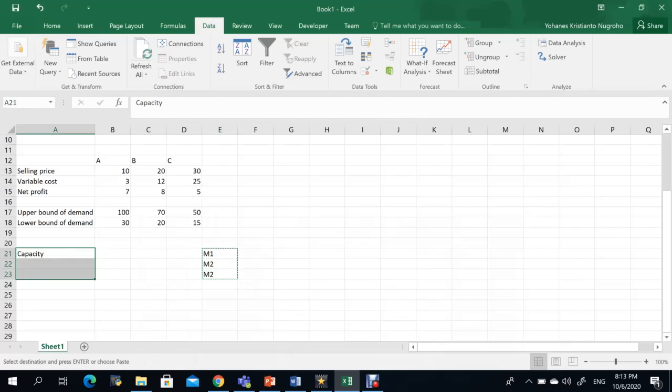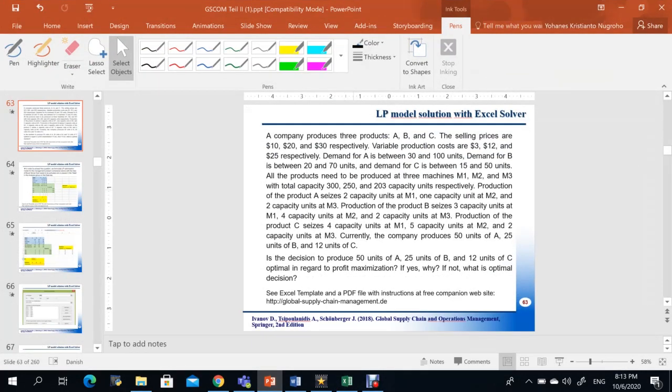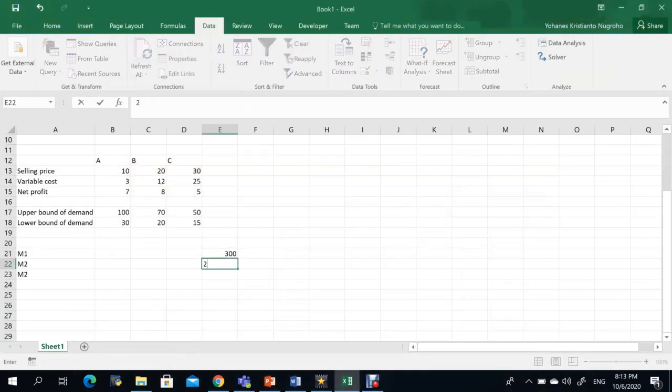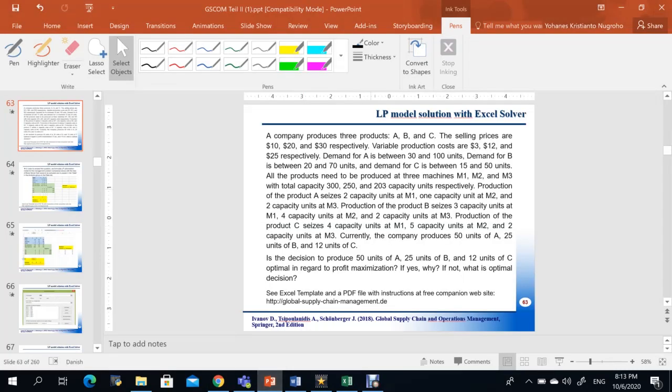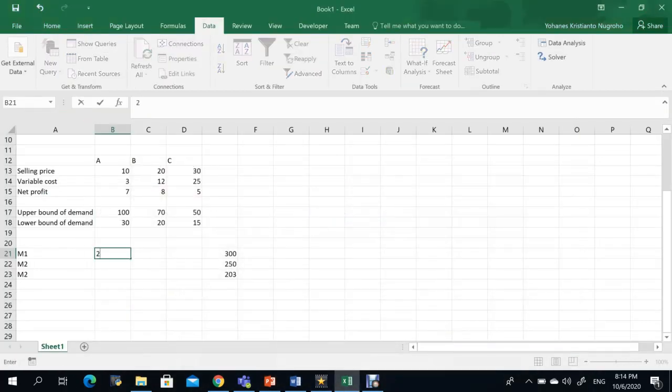For each product, for instance product A, this is 2 capacity units at M1, 1 at M2, and 2 at M3. Alright, 2, 1, and 2.